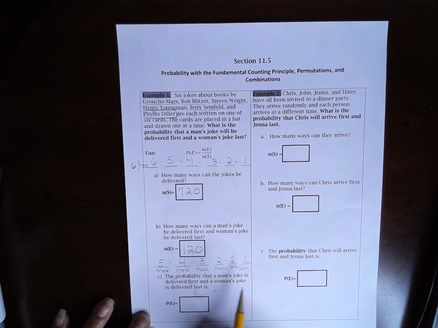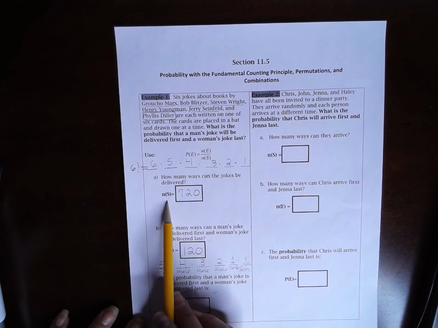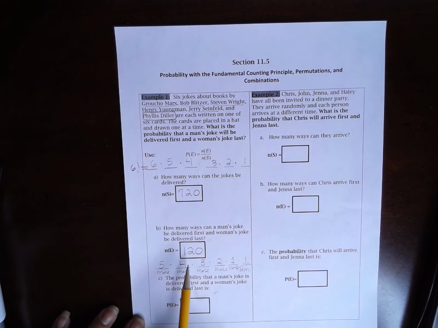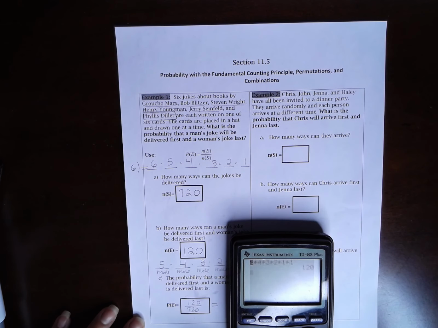When they ask you for the probability, remember that the probability is always setting up a fraction. The sample space will be the denominator and the number of outcomes in the event will be your numerator. So the probability that a man's joke is delivered first and a woman's joke is delivered last is 120 divided by 720. Of course, you need to simplify that fraction.